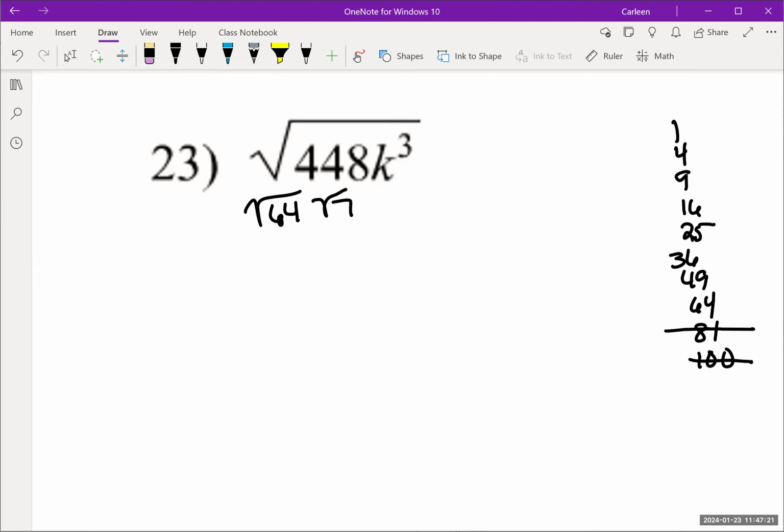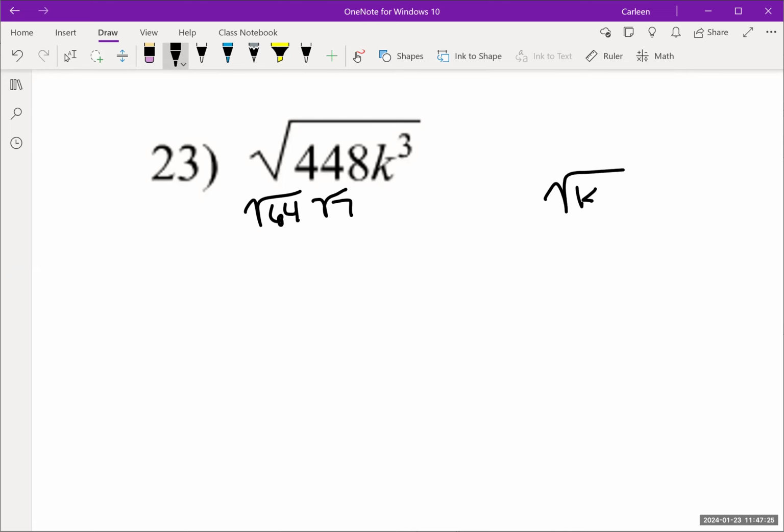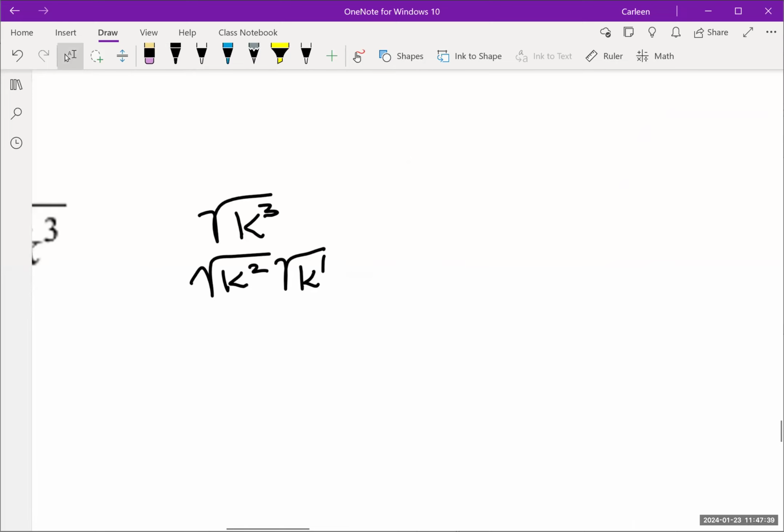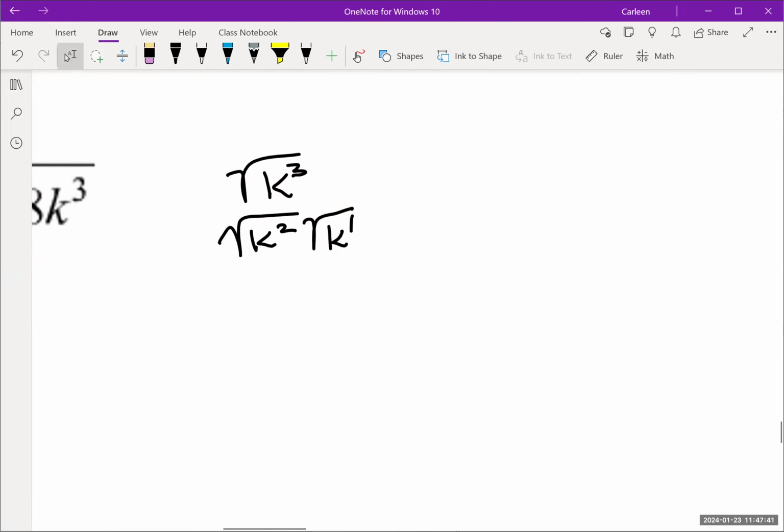Now, k cubed. We have k squared and we have leftovers.